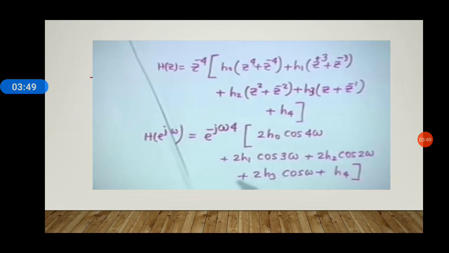Now if we replace z by e to the power j omega, we can write as follows by utilizing Euler's equation.